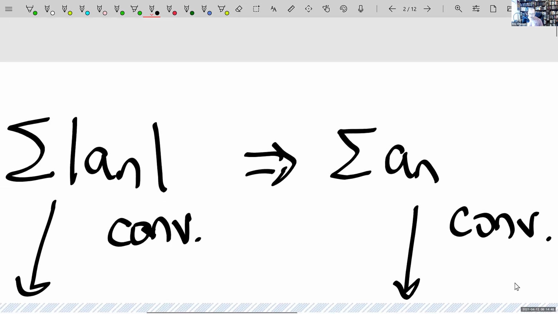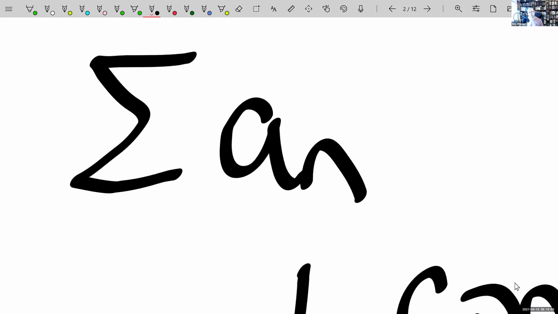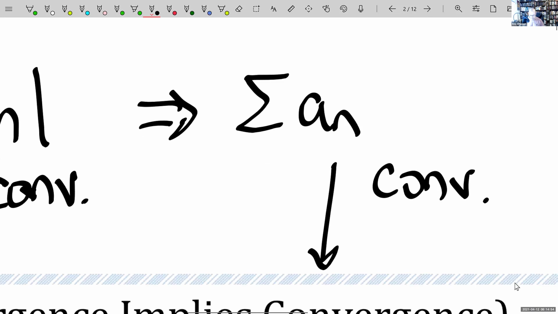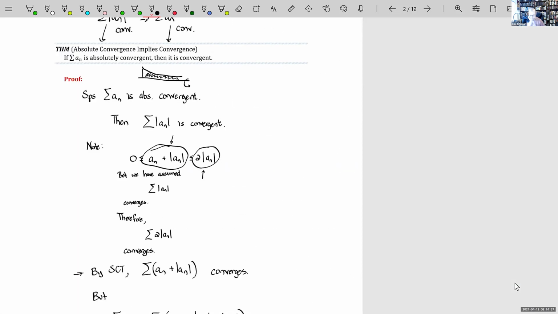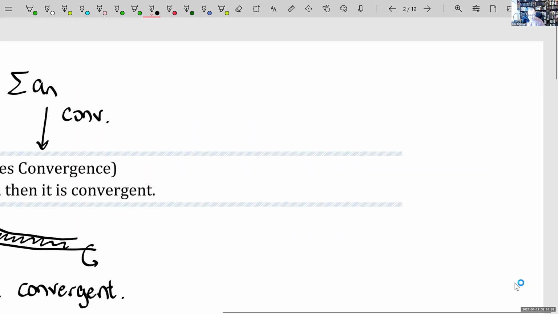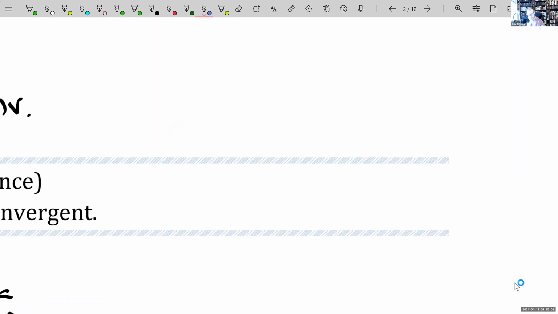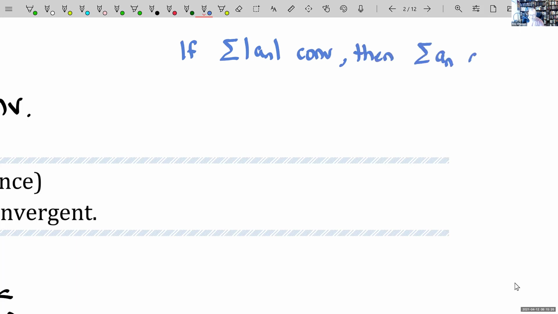You can have a series diverge... Maybe I'll write this down off to the right. I want to make this very, very precise. If the summation of the absolute value converges, then it has to be the case by our theorem here that the original series converges.